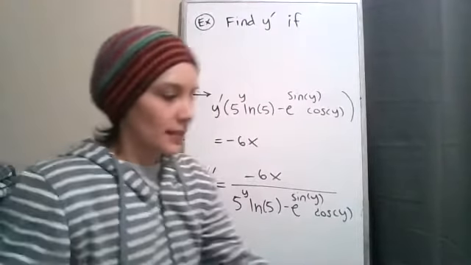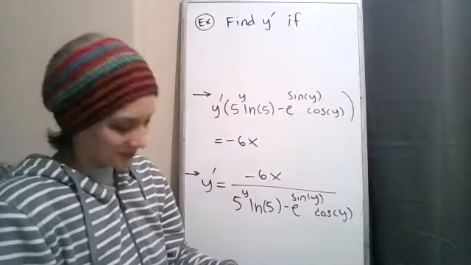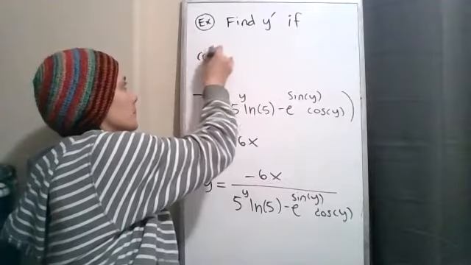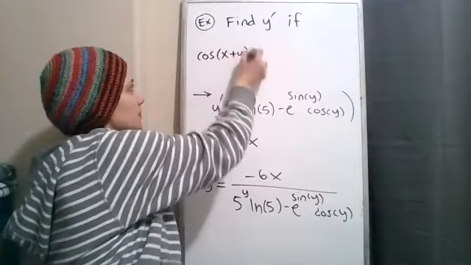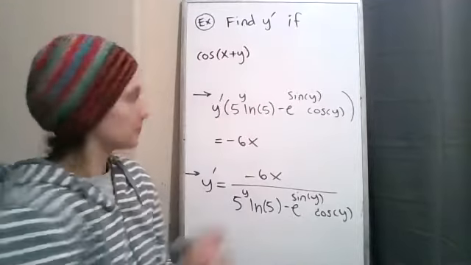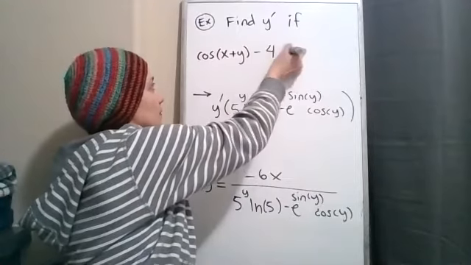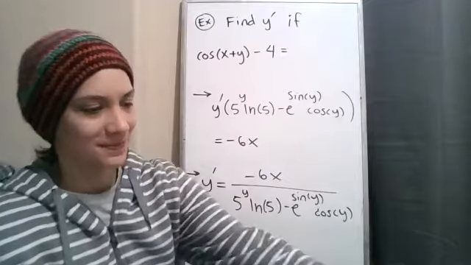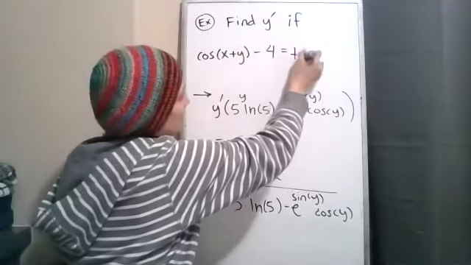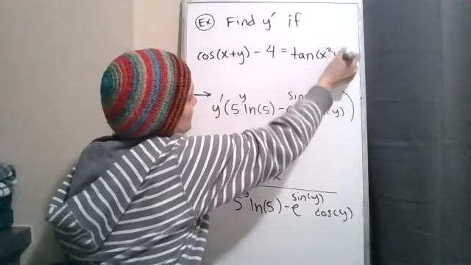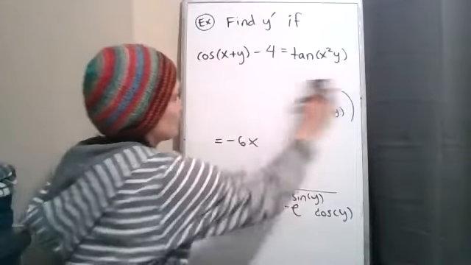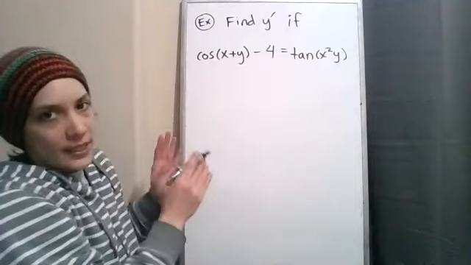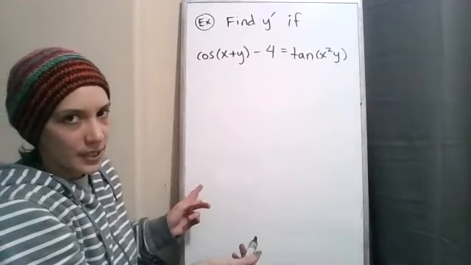If cosine of x plus y minus 4 is equal to the tangent of x squared times y. We take the derivative of both sides.